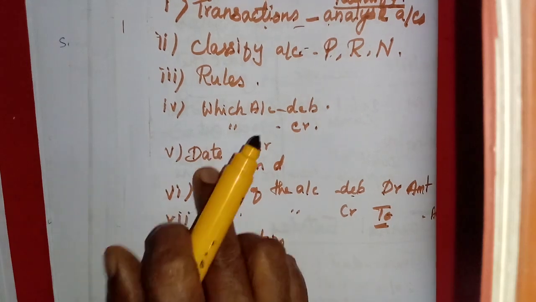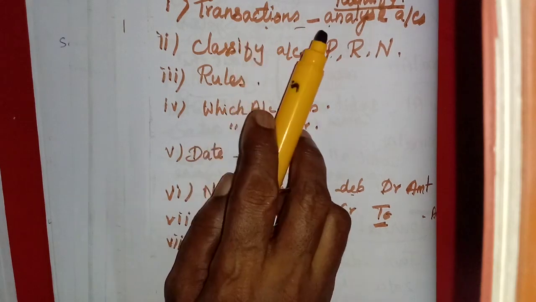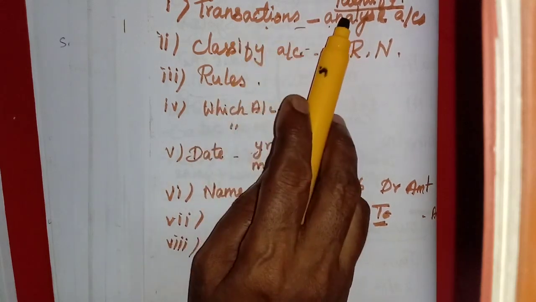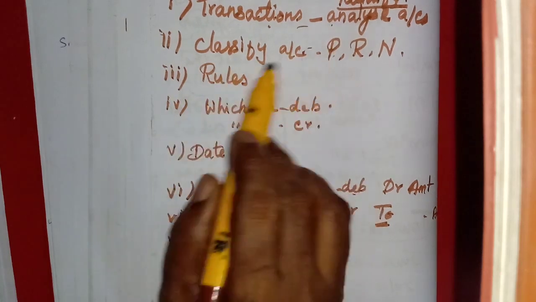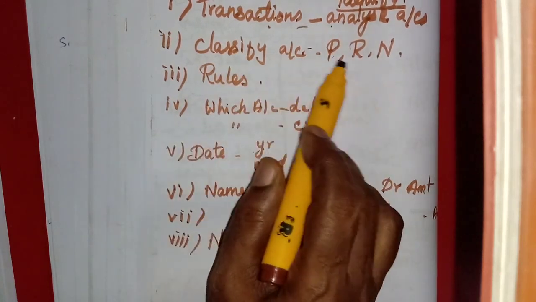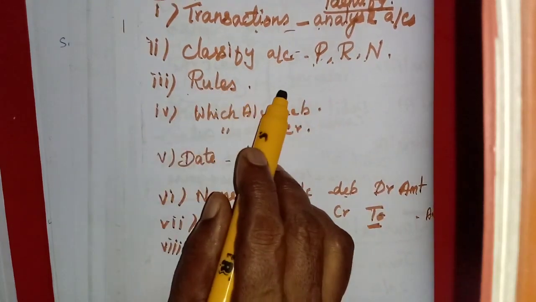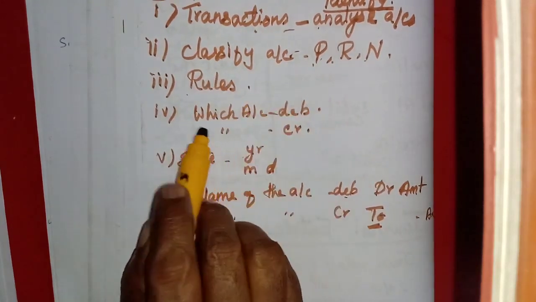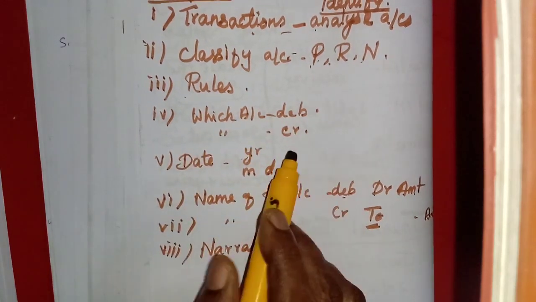Only one sentence is enough. From the transaction, we have to identify the accounts. Then the identified accounts must be classified as personal, real or nominal account. Then we should apply the accounting rules. Then which account must be debited and which must be credited must be fixed.